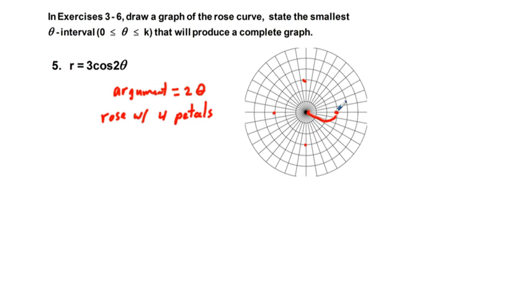First petal wasn't so bad. There we go. There's our second petal up on top here. Our third petal over here to the left. And our fourth petal down here.